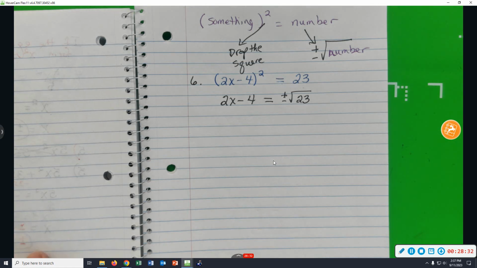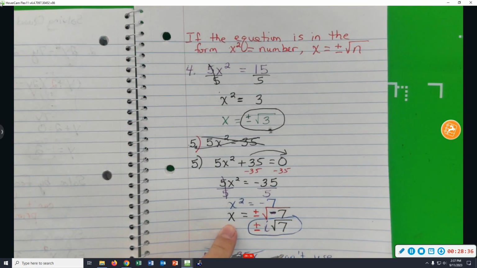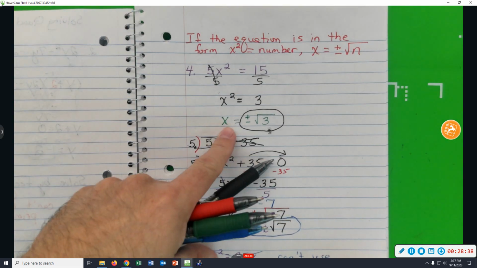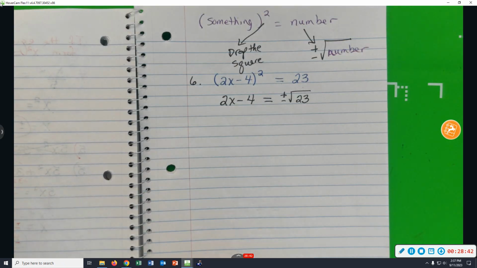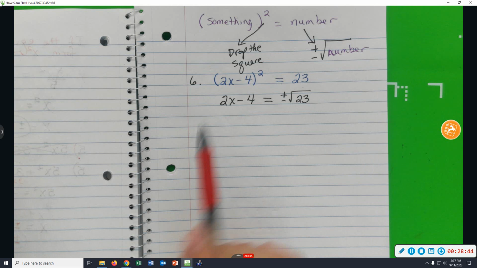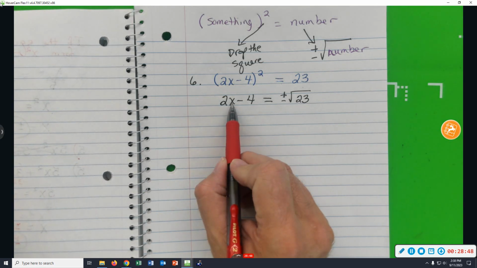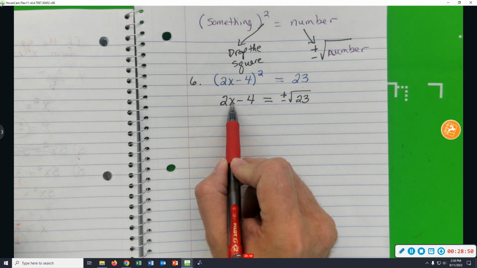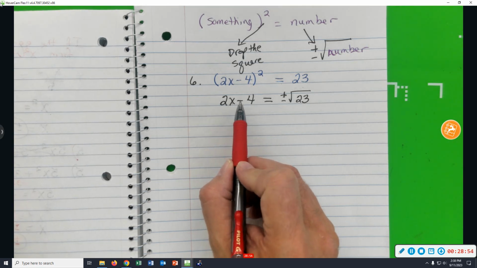We want our answers in the form x equals. So, let's get this in the form x equals. It's going to look sort of strange what I'm doing. I'm trying to isolate this x. So what would I do first if I wanted to get rid of this x?